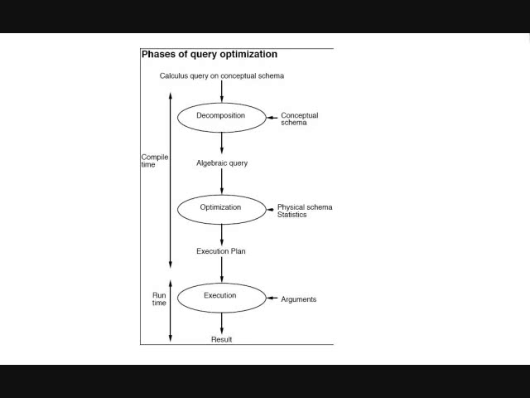Now, what you can see here is that you've got this division between the compile time and the run time. So in some systems, most notably DB2, and also if you use SQL in Java, the prepare statement says, go away, DBMS, think about how you're going to do this, because I'm telling you that we're going to do this a lot of times.